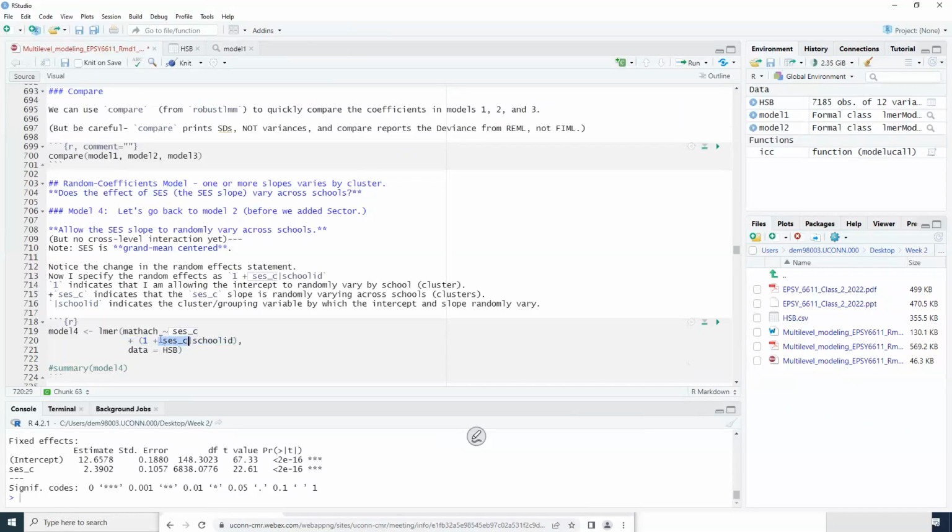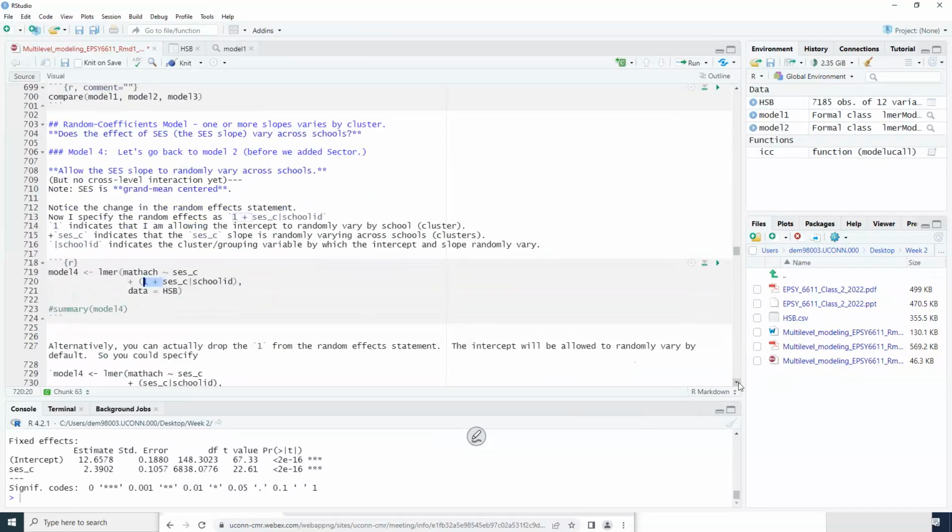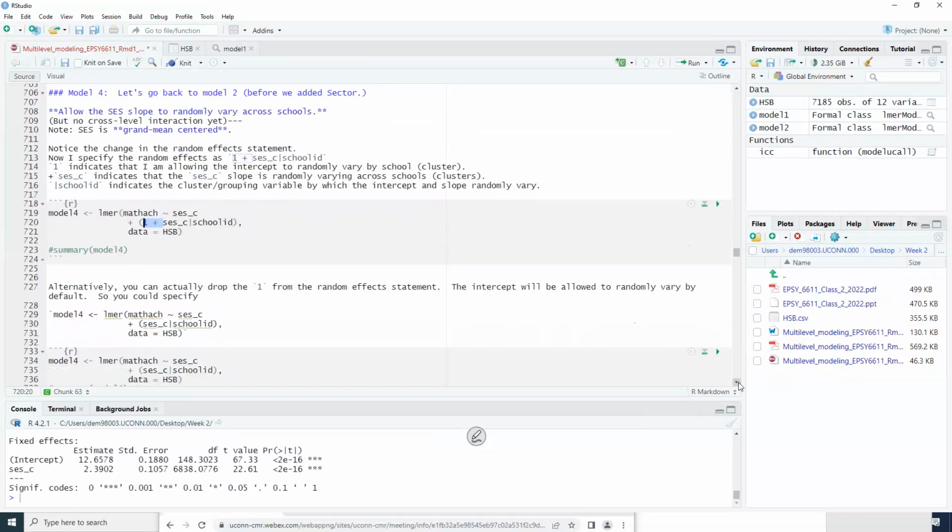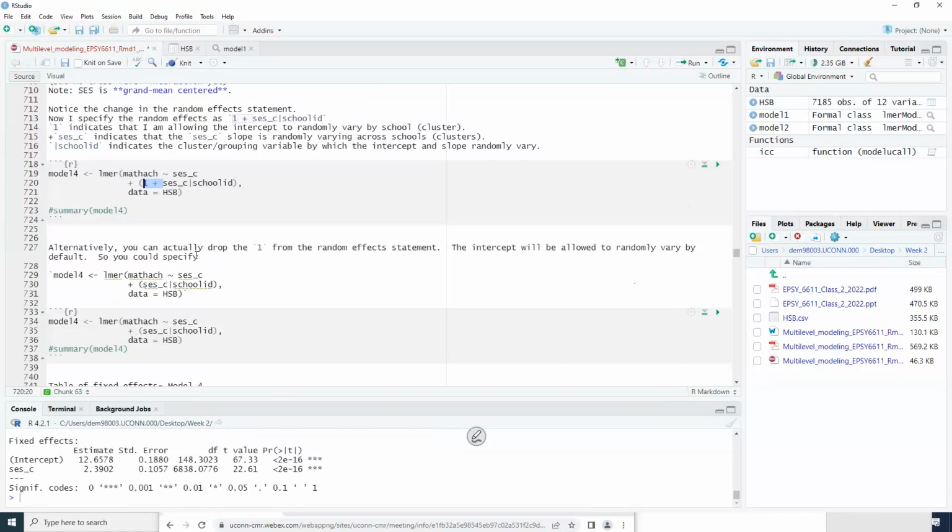I mentioned yesterday that just like you can drop the 1 for the intercept up here in the fixed effects part, you can also drop it here and just say SESC bar school ID, and it will again assume that you want a randomly varying intercept. I have that written out here, and you'll see that these two sets of code give you identical results. So let's go ahead and run that.